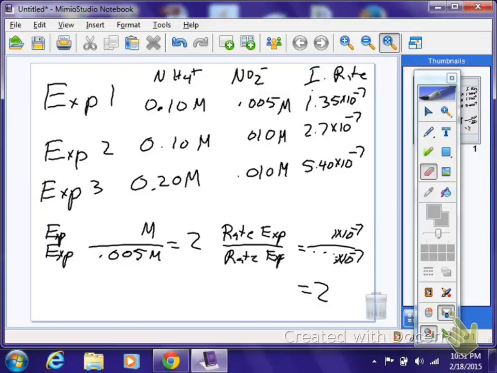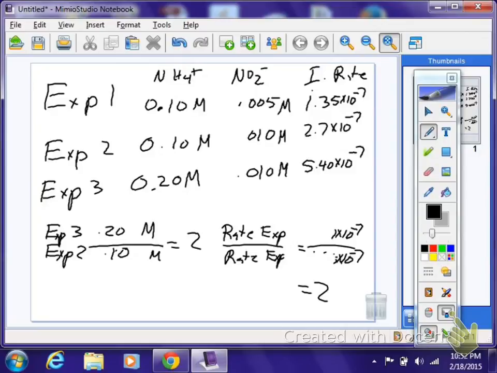So let me erase these real quick. If we look at NH4+ in experiment 3, it is 0.20 molarity. And in experiment 2, NH4+ is 0.10 molarity. Again, we get a change in concentration that's 2 times the amount.